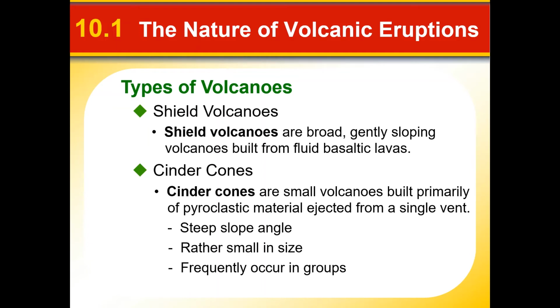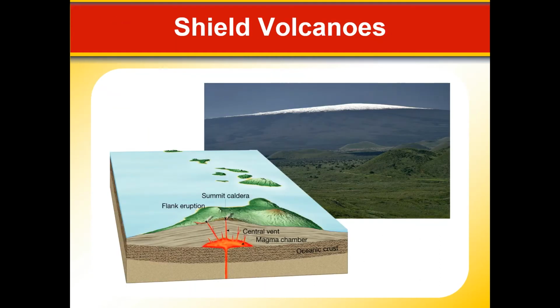Okay. Now you have your cinder type volcanoes, which are very small volcanoes built primarily of pyroclastic materials ejected from a single vent. So they have a rather steep slope and small size. Frequently, it occurs in groups. So this is an example. This is Mount Kilauea, if I'm not mistaken.